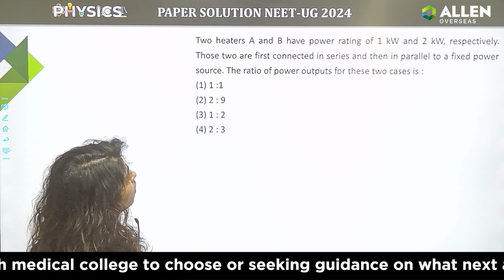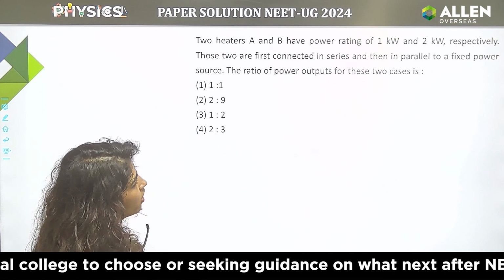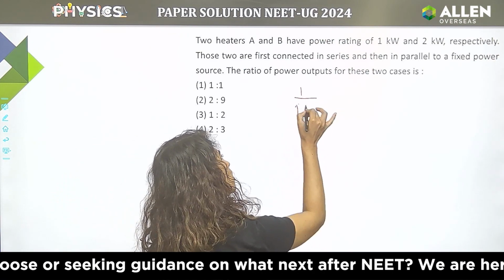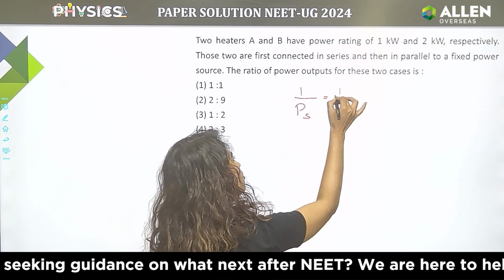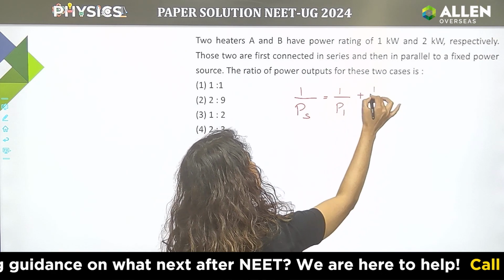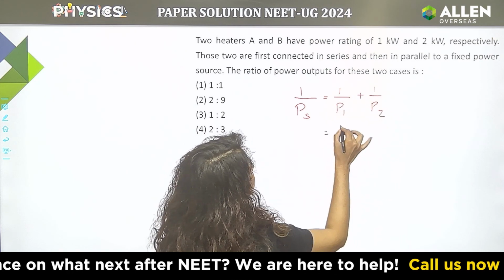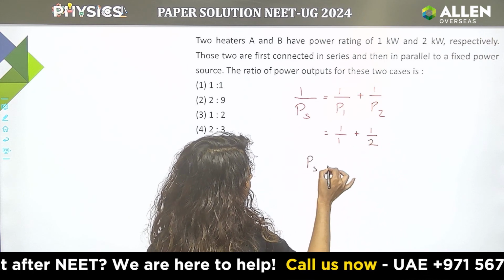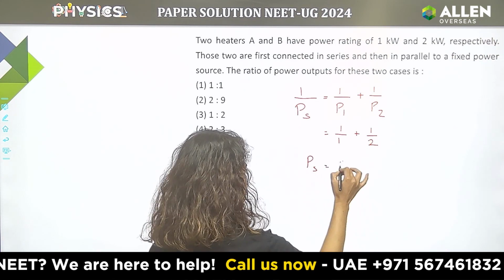Next, two heaters A and B, power rating given. They are first connected in series, then in parallel. So we know when the power rating is given, power in series would be given by 1 upon P1 plus 1 upon P2, which would be 1 upon 1 plus 1 upon 2, making P_S 2 by 3.